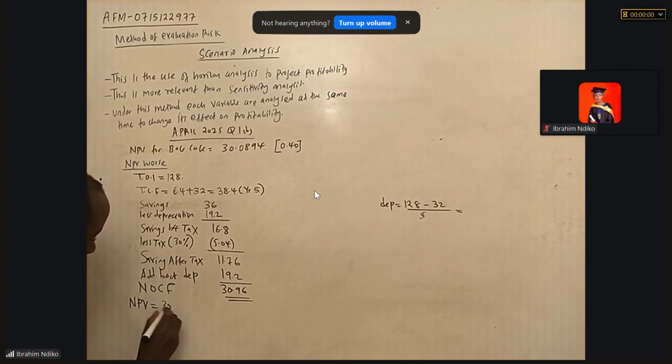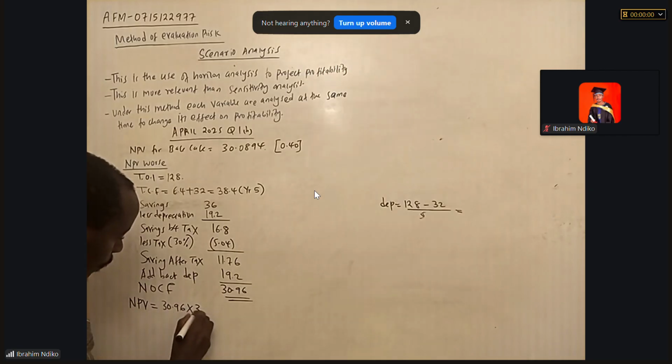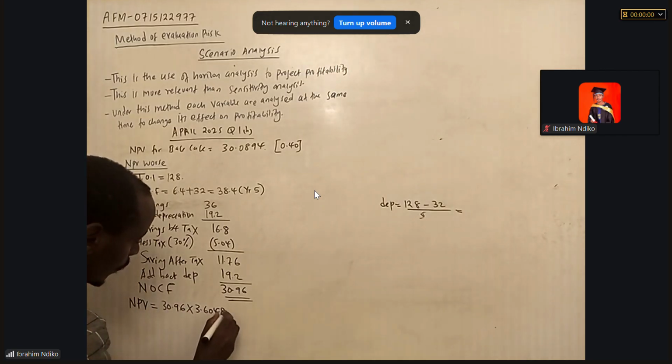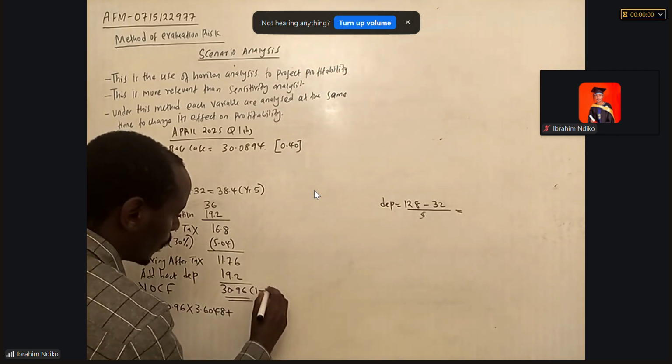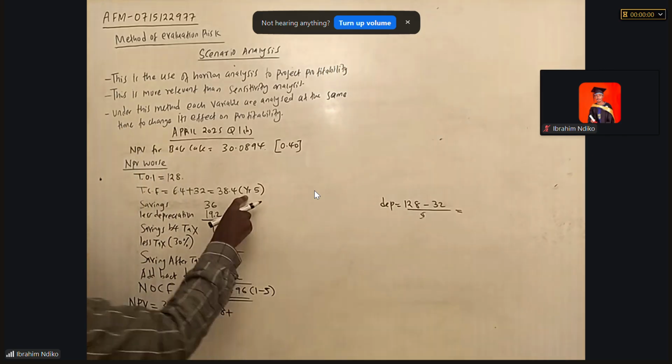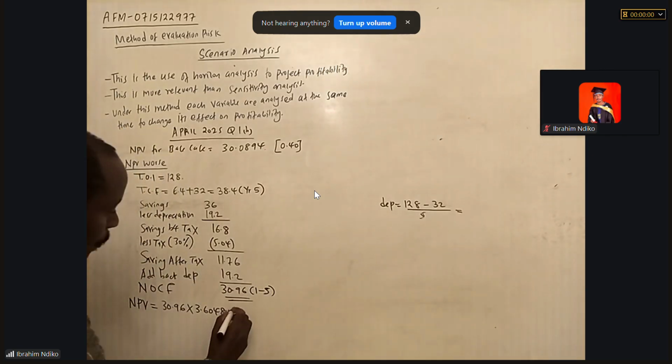Itakuwa ni 30.96 times. What was the rate? The rate was 12%. So hii tunaangalia annuity. Ya kwanza ni annuity, kwa sababu ni from year 1 to 5. Hii unaangalia the end because ni ya pass moja.